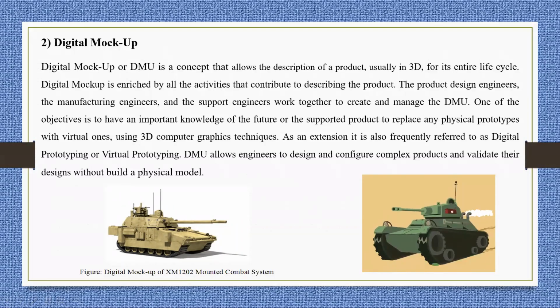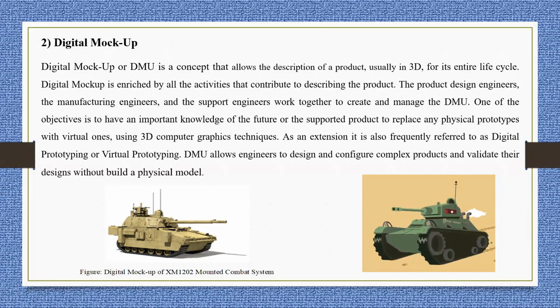Digital mockup, also known as DMU for short, is a concept that allows the description of a product, usually in 3D, for its entire life cycle. The main advantage of this digital mockup is that it helps us replace any kind of physical prototypes with virtual ones using 3D computer graphic techniques.